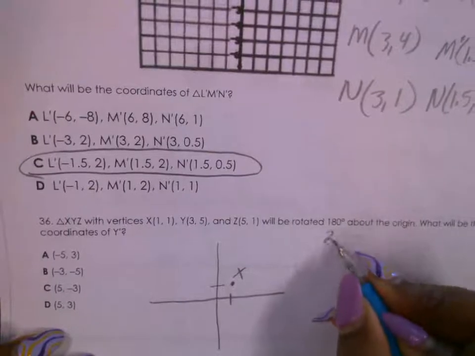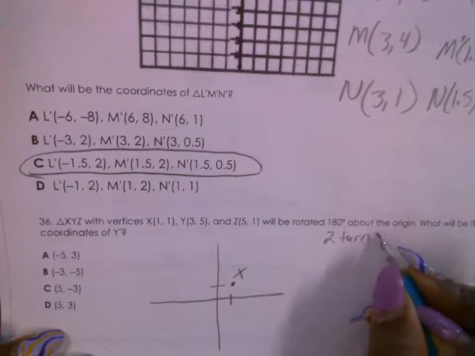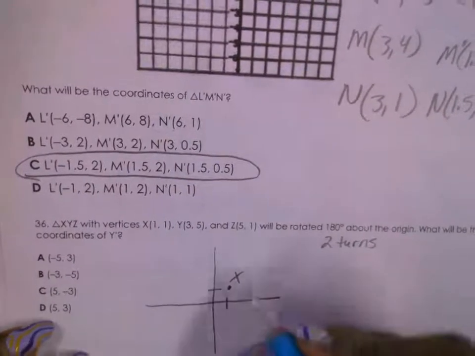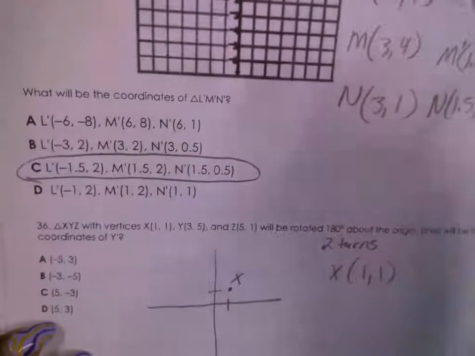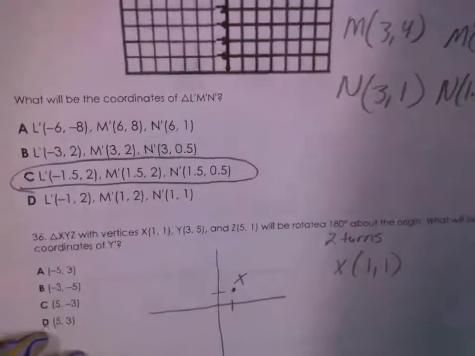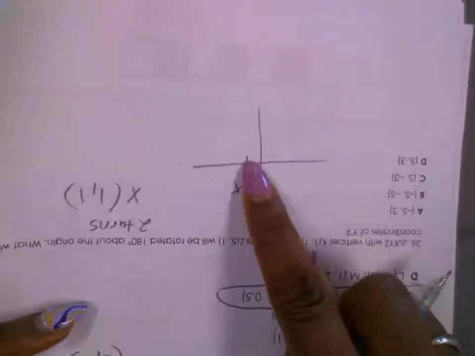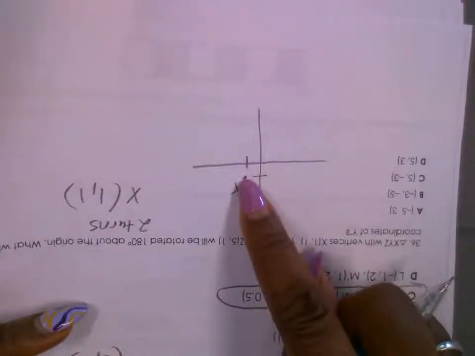This is 2 turns, either to the left or to the right, doesn't matter because the picture is going to be upside down. So X is 1, 1. Look at what's happening. I rotated once, twice. This is upside down. This is going to be negative 1 because you went to the left, and down 1. So negative 1, negative 1.